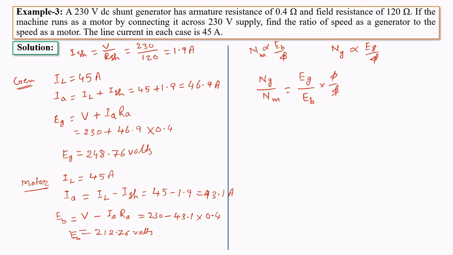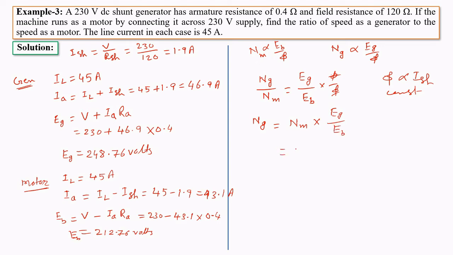As the machine is the same shunt machine, the flux will be constant because flux is proportional to ISH, so it can be considered a constant value. That's why flux can be cancelled. So the speed of the generator will be speed of the motor into generated EMF upon back EMF.